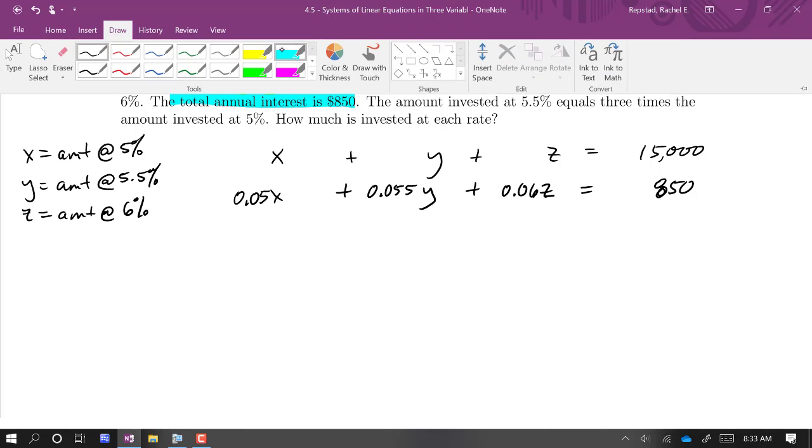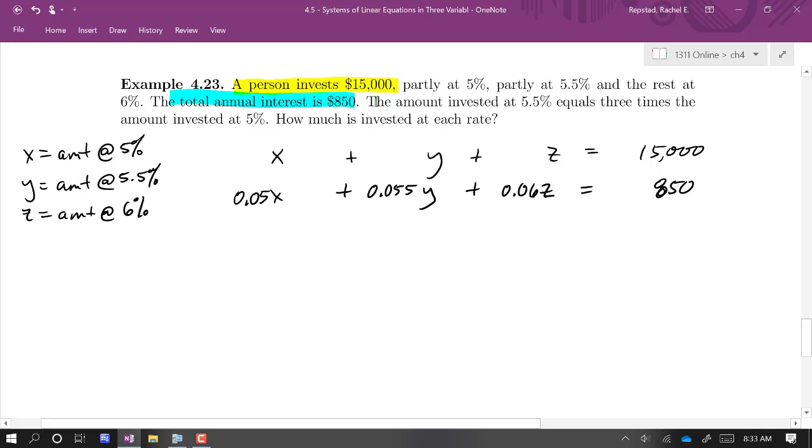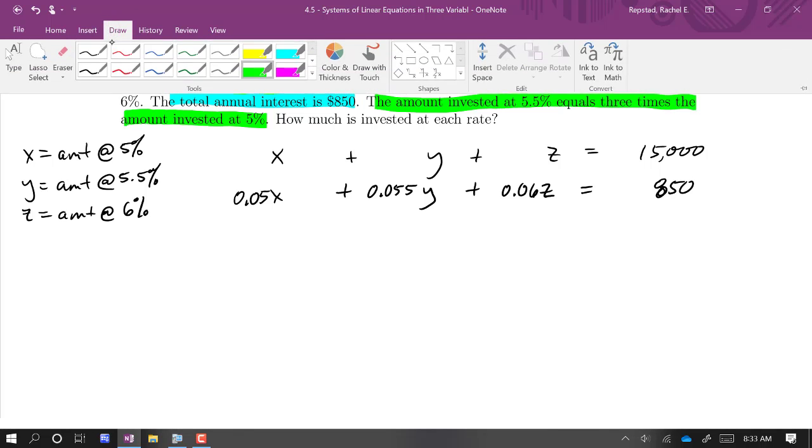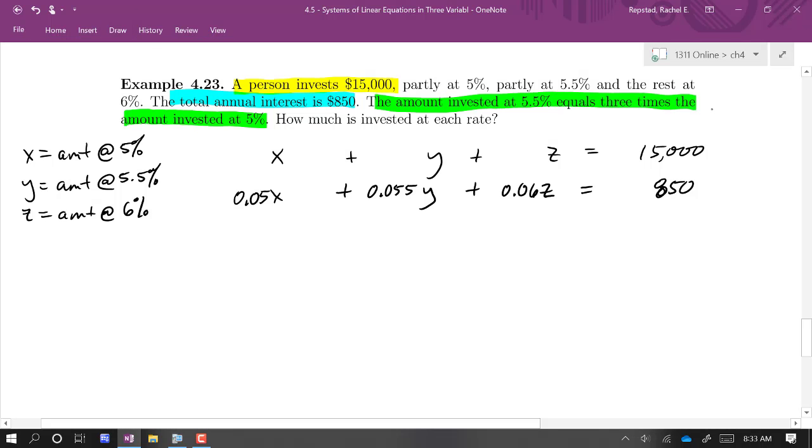And then the last bit here, it says the amount invested at 5.5% equals 3 times the amount invested at 5%. So I'm going to go off to the side here and write that equation before I get it in standard form. So the amount invested at 5.5%, that's y, is 3 times the amount invested at 5%, is 3 times x.